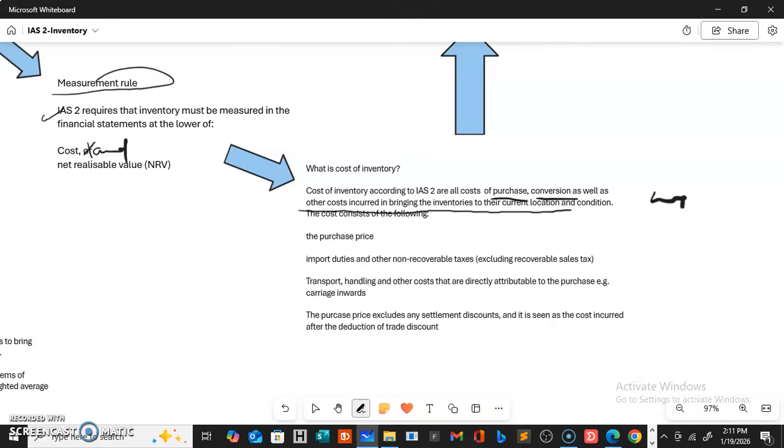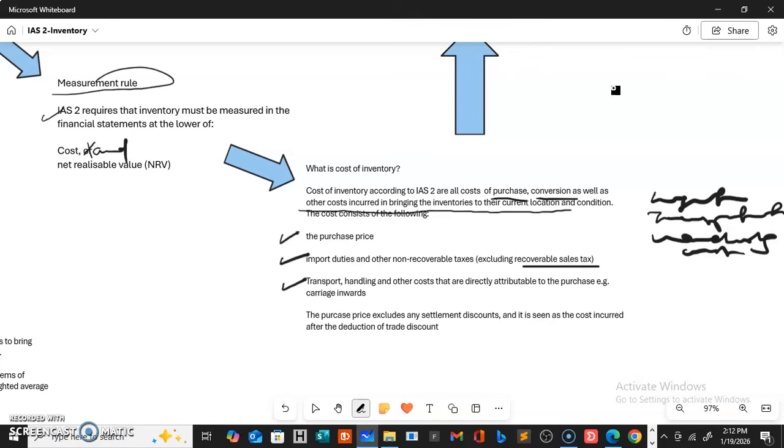These are logistics, transportation or warehousing costs. So the cost consists of the following. Number one is the purchase price and the import duties paid on those items, excluding recoverable sales tax, so you have to exclude the recoverable sales tax.